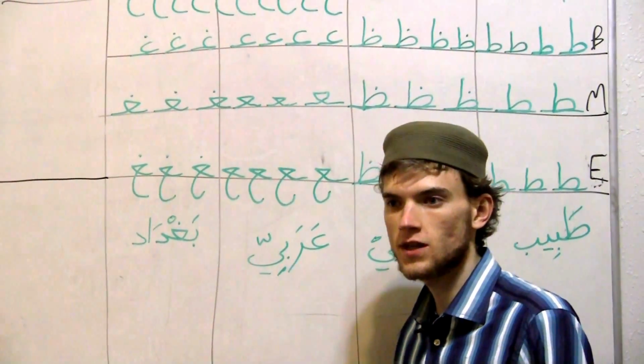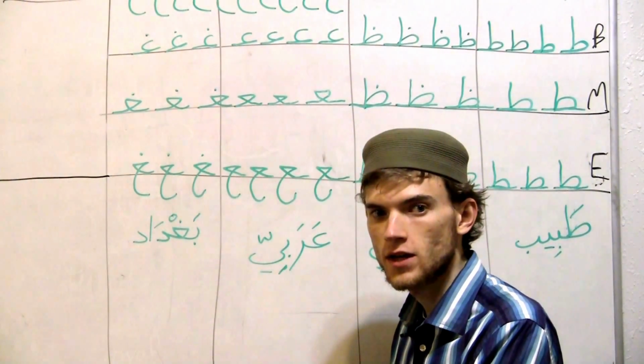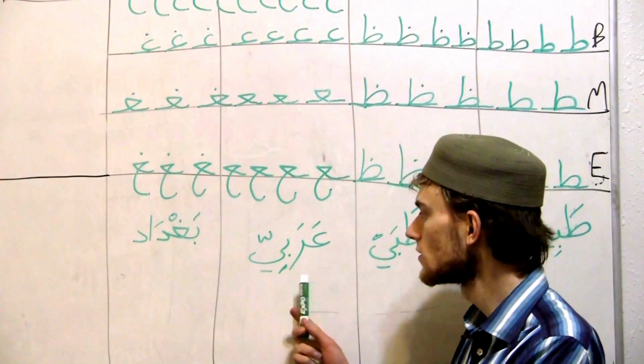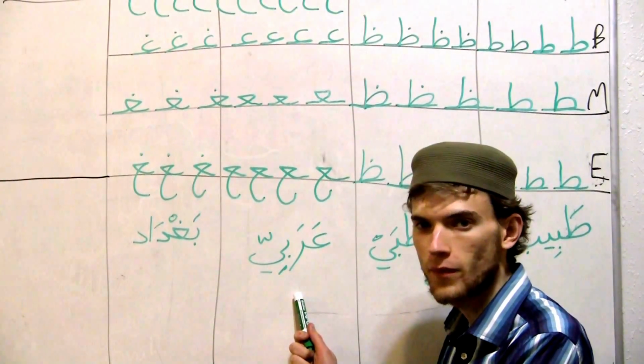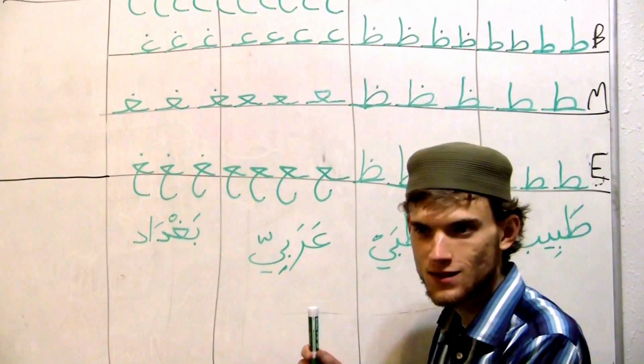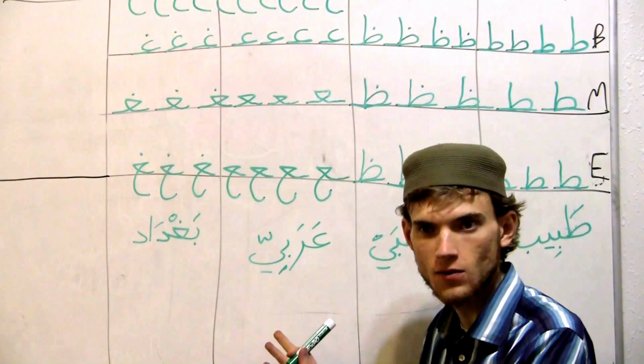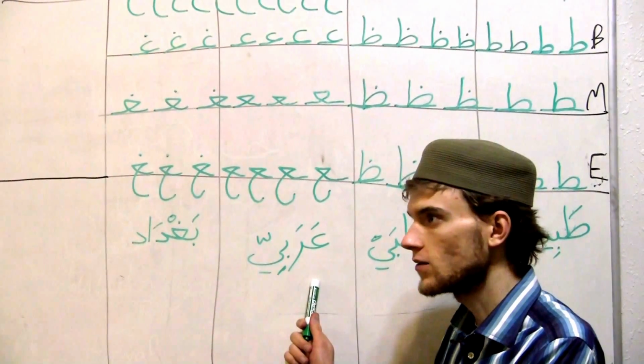Okay, so two examples, one for the ʿayn, one for the ghayn. Okay? First of all, this is an Arab man. Arab. It's close to the word for the language Arabic, but there are a few more things we have to learn before we get to that word. How do we say this?